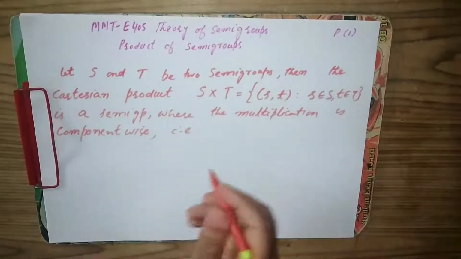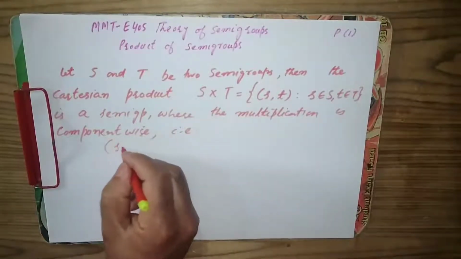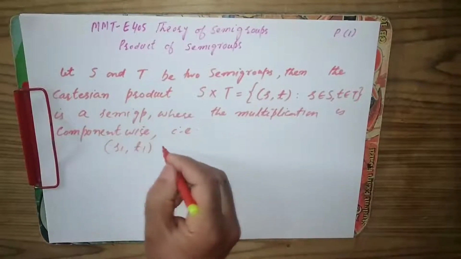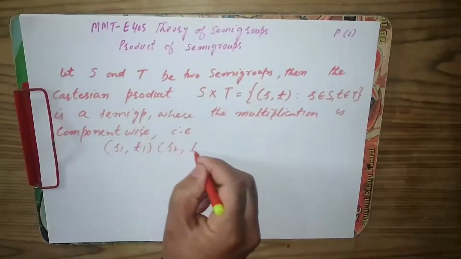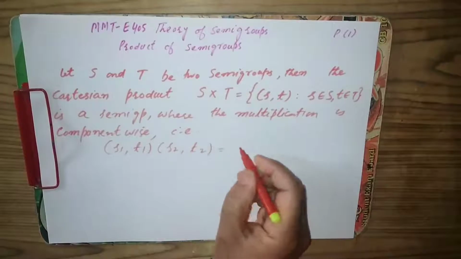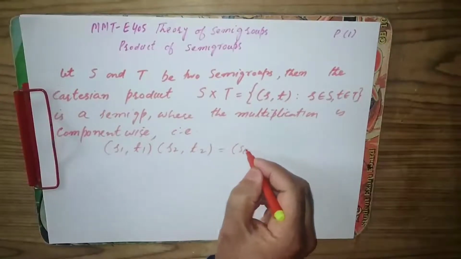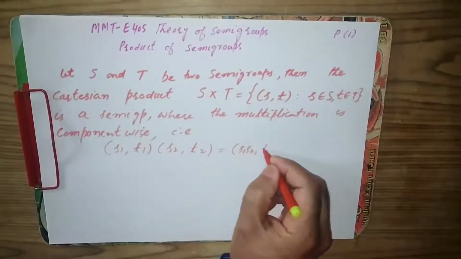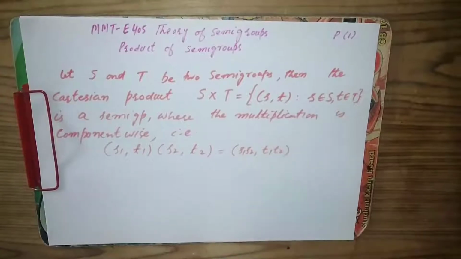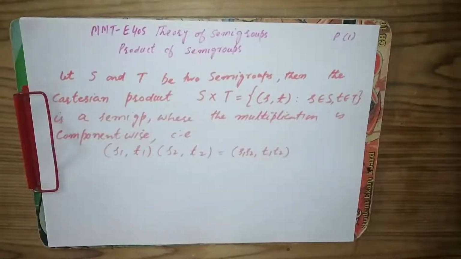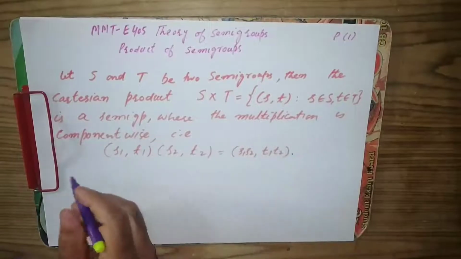That is, (s1, t1) into (s2, t2) is equal to (s1 s2, t1 t2). That's the product of two elements of S cross T. Then you can easily verify that it's a semigroup.